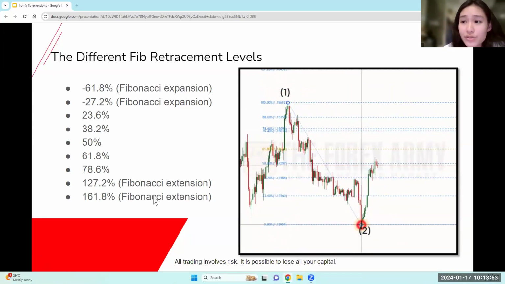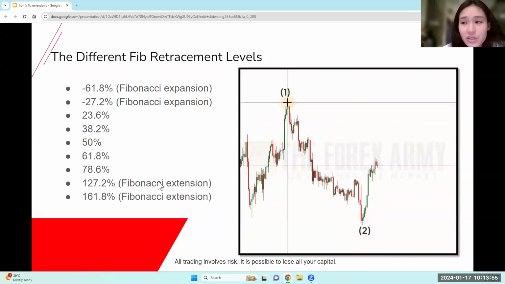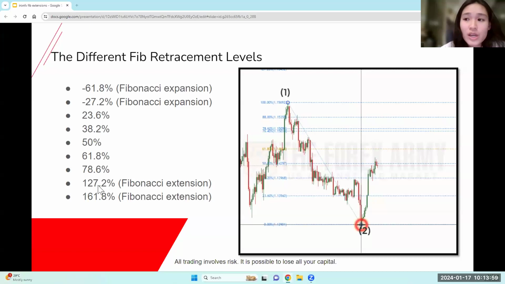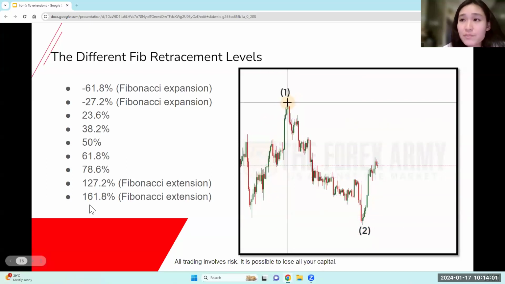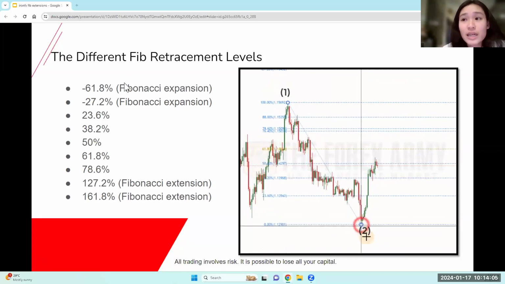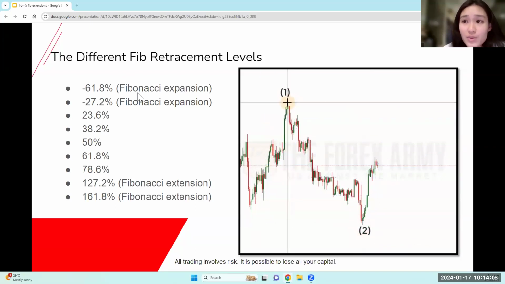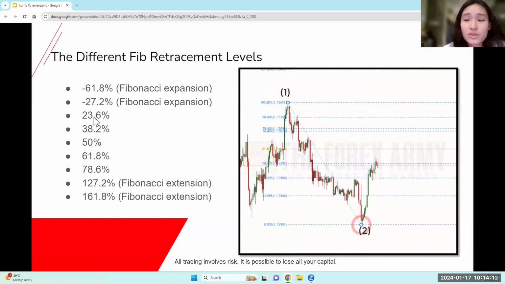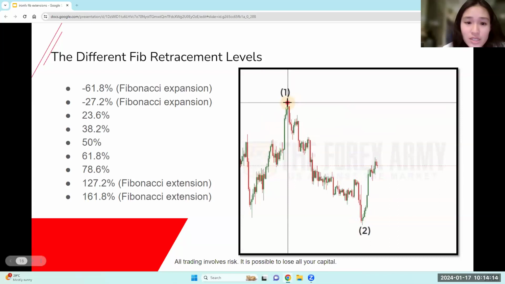Today we are going through the above 100s, which are the Fibonacci extensions. So we are using the 127.2 and the 161.8. Next week we'll be looking at the expansions, so the negative levels. And last week, for the retracements, we looked at the mid-range levels, so 23.6 to 78.6.